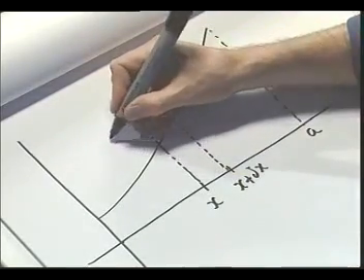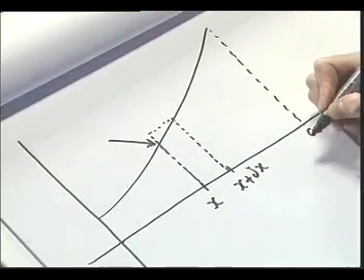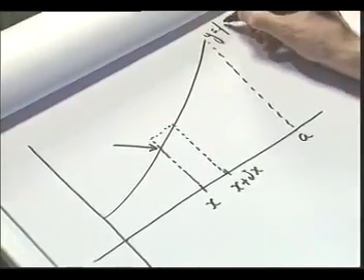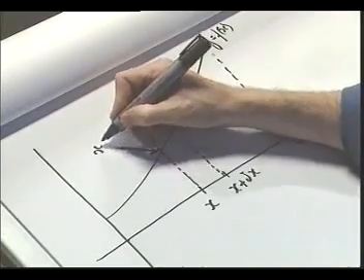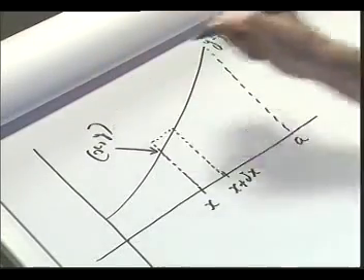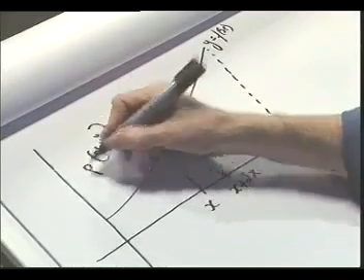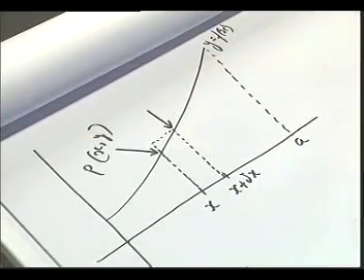So, what are the coordinates of that point? Well, this is the curve y equals f of x, and so the coordinates of this point are just x, y. That's the point P. What are the coordinates of this point?